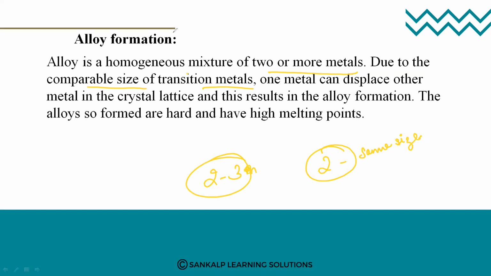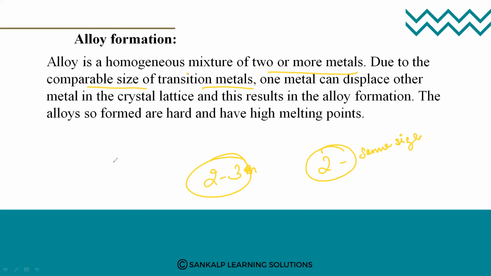So an alloy is a homogeneous mixture made up of two or more metals, and due to the comparable size of the transition metals, two or three metals will have the same size.